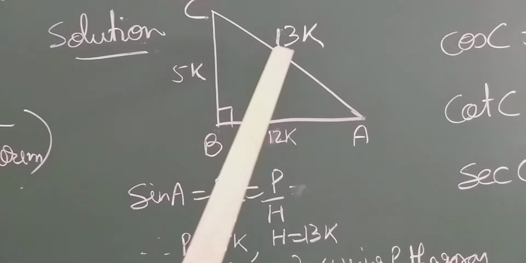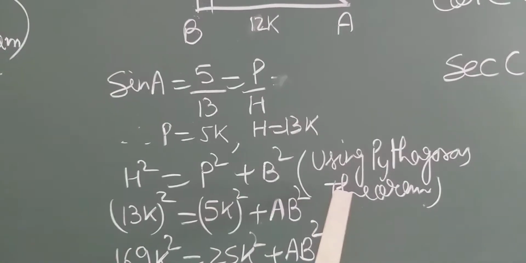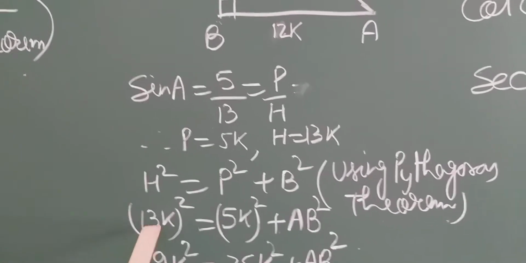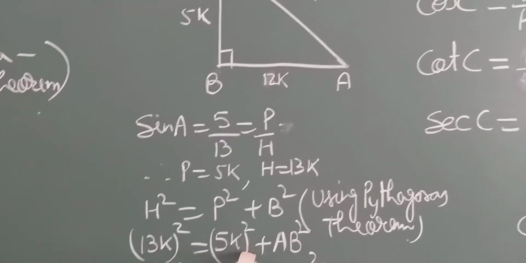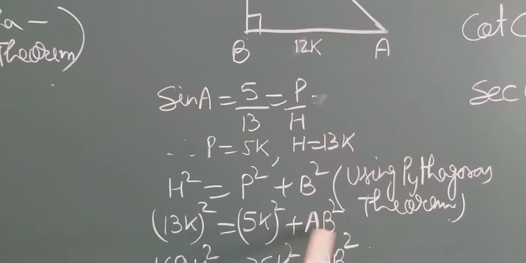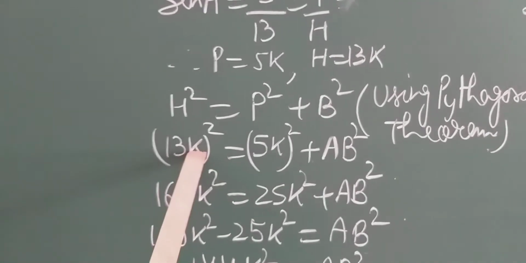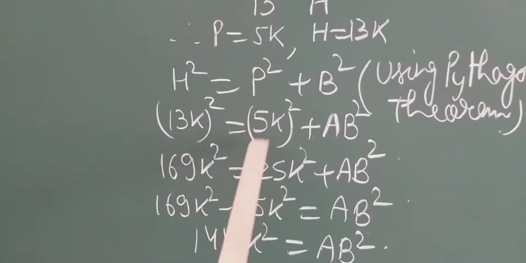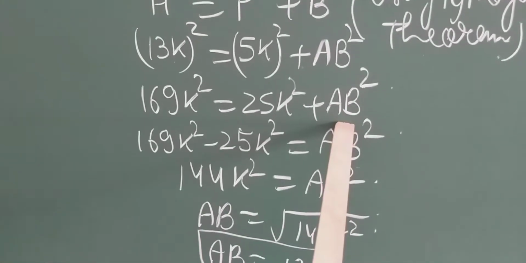So we can use Pythagoras theorem, h square equals p square plus b square. The hypotenuse value is 13K, the perpendicular value is 5K, and the base is AB. We have to find out AB. So 13K square equals 169K square, 5K square equals 25K square, plus AB square.